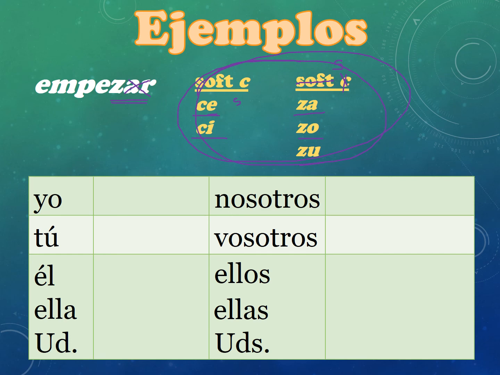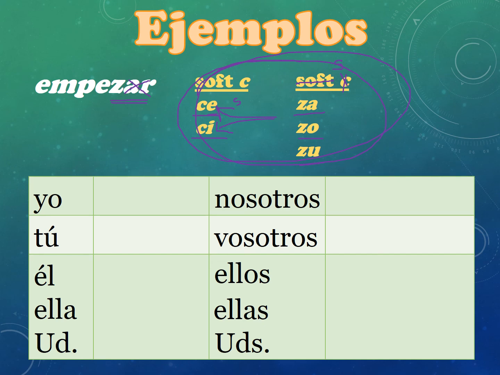And that's why if we want to do E or I, that Z is going to change to C. And that is why you very rarely, if ever, see words in Spanish that are spelled ZE or ZI. The only time that happens is if it is a foreign word that's been taken into Spanish. Otherwise, it's going to be spelled with a C.